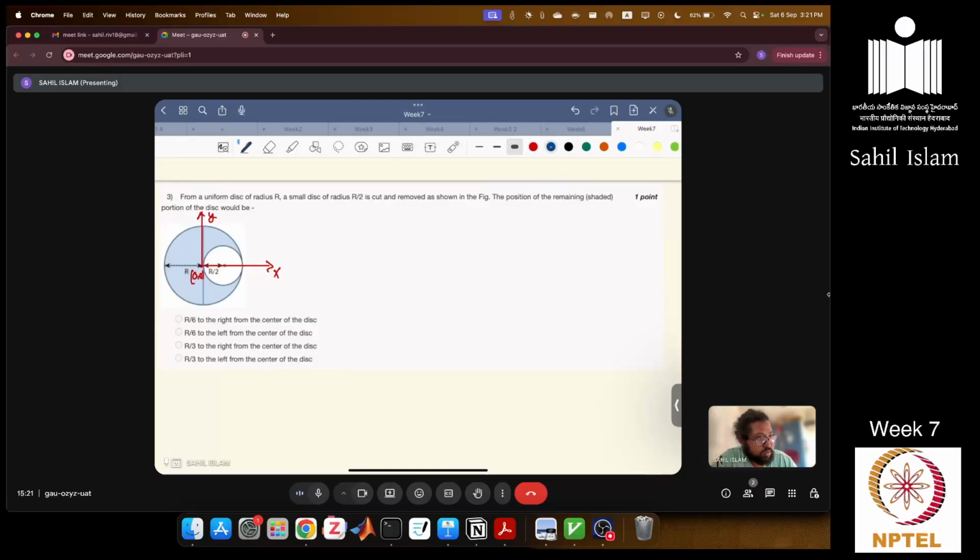So we know the center of mass formula is x equals sum over i of xi mi divided by the sum over i of mi. So mi is mass, xi is the location of that mass, summed over all of them, and divided by the sum of all the masses.